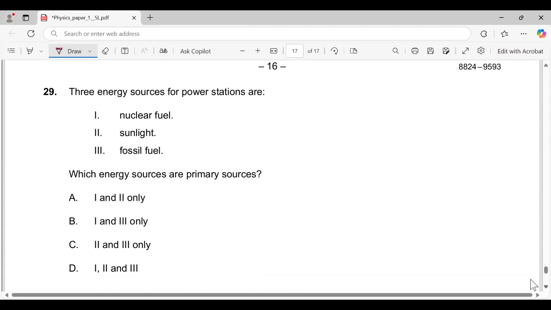Three energy sources for power stations are nuclear fuel, sunlight, fossil fuel. Which energy sources are primary sources? All of these are primary sources, 1, 2, and 3. So this one, D.